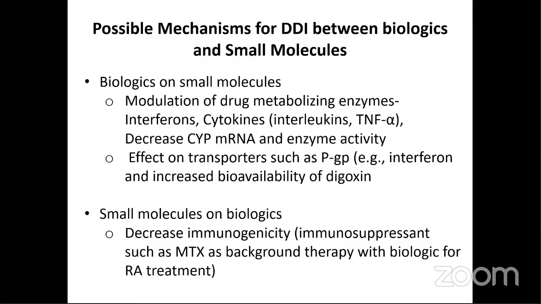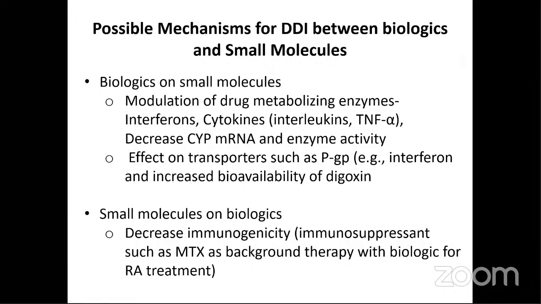There is a possible drug-drug interaction between biologics and small molecules, and that also is considered because there can be two different types of interactions. Biologics can interact with small molecules, or small molecules can have an effect on biologics activity. Biologics can modulate the drug metabolizing enzymes, and they can also have an effect on transporters such as PGP, and that's how they would alter the pharmacology of small molecules.